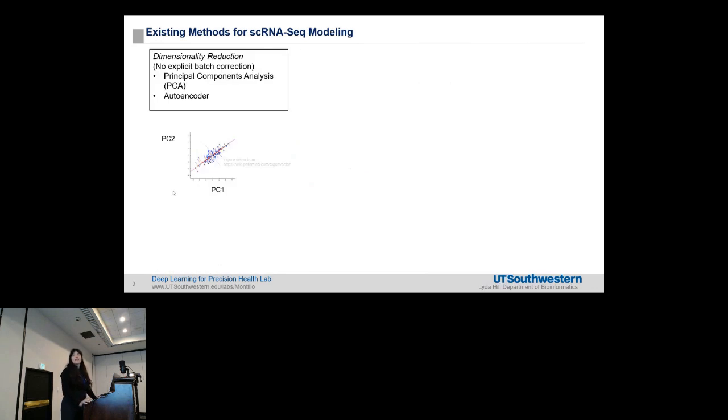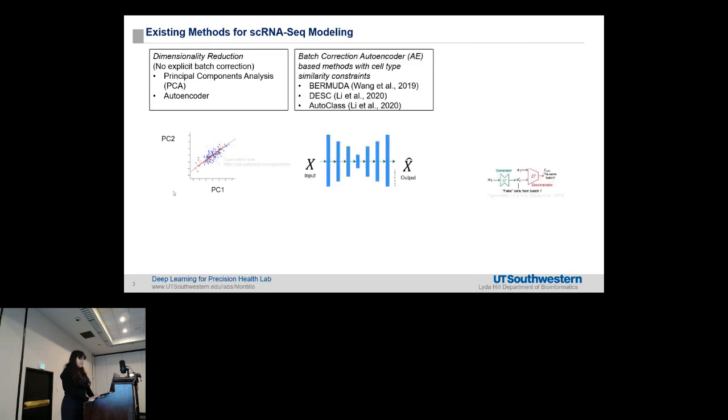So let's talk about existing methods for single cell RNA-seq modeling. As I mentioned, it's very high dimensional data, so we use methods for dimensionality reduction. It could be PCA, which is linear. It could be Autoencoder, which is nonlinear.